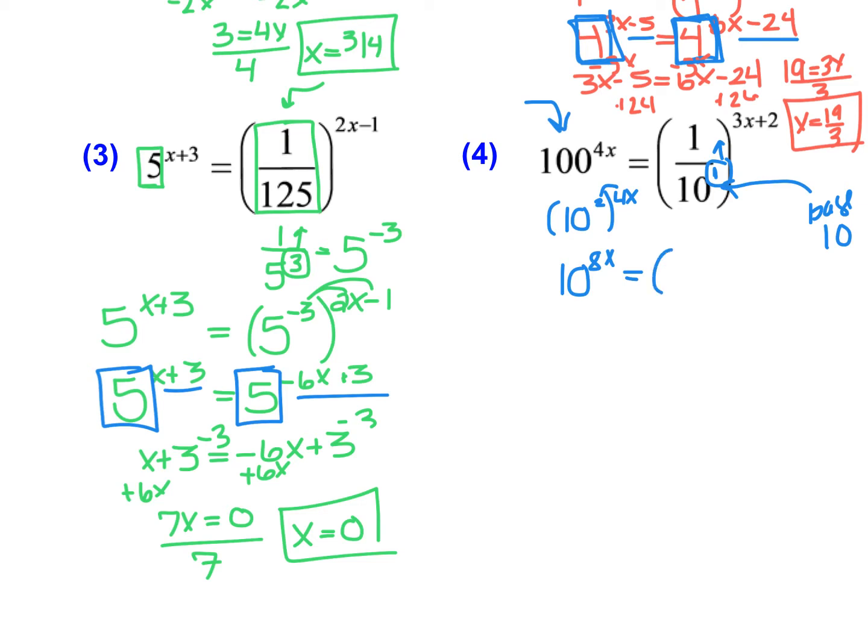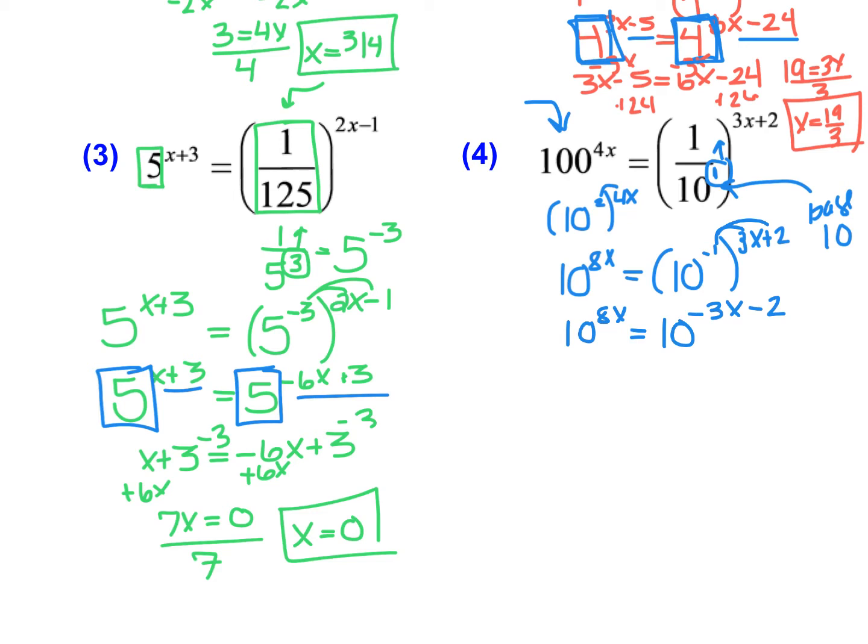So this is going to become 10 to the power of negative 1 times 3x plus 2. So I've got common bases of 10 on both sides. I just want to clean this up a little bit, so I'm going to distribute that negative 1. So we leave the left-hand side alone, and we have 10 to the power of negative 3x minus 2.